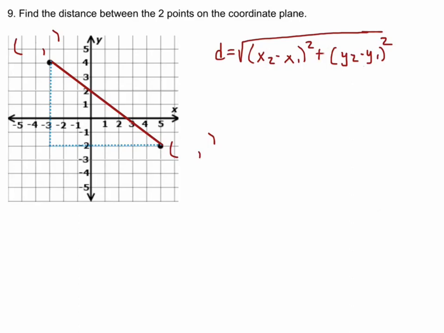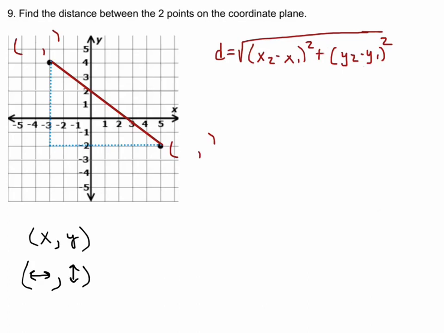Distance formula. Find the distance between the 2 points on the coordinate plane. One real quick, remember it goes x, comma, y. And your x coordinates go left and right. And your y coordinates go up and down, right?